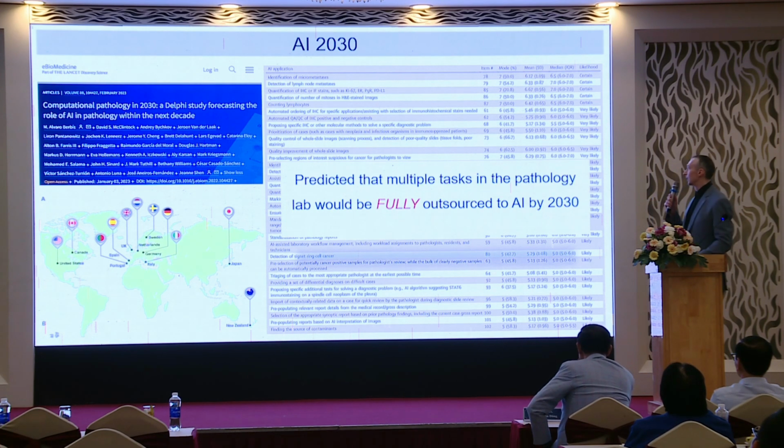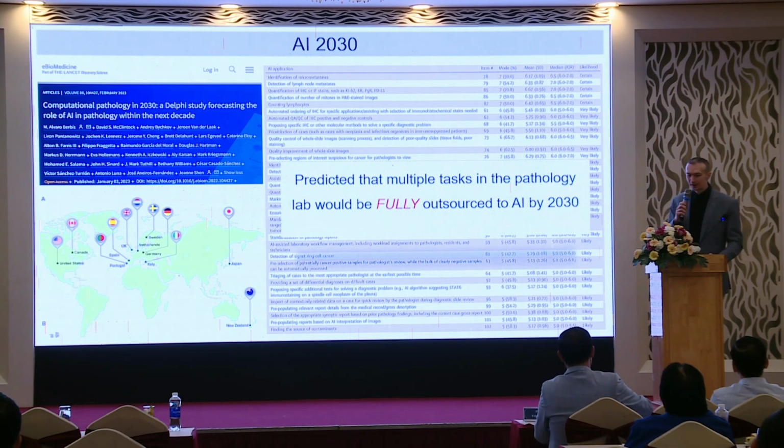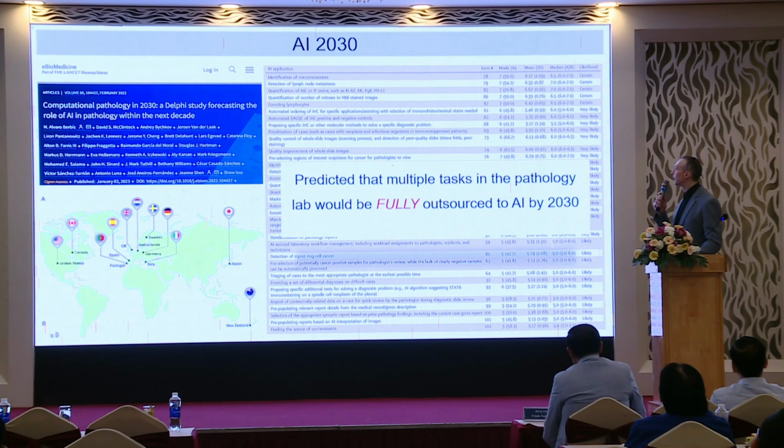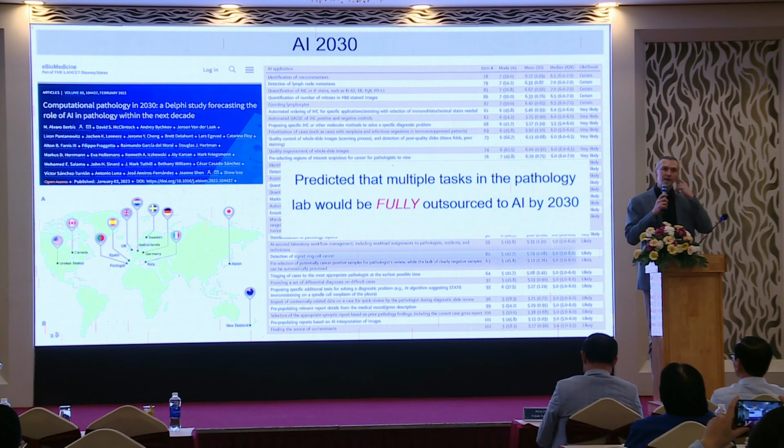Another introductory message to you: this is one more survey. I feel like I'm addicted to surveys, not missing any single one of them. I was also participating several years ago with other experts from different countries when we addressed the question of what is going to happen.